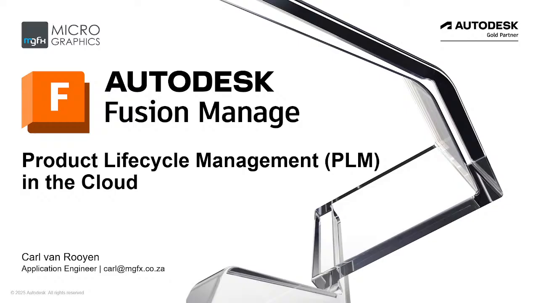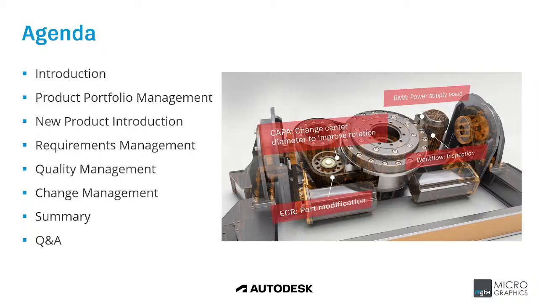Let's move on to the agenda and have a look at what is in store. We'll start off with an introduction to what PLM is. We'll give an overview of what a PLM is, the key phases of a product lifecycle, and introduce you to Fusion Manage.